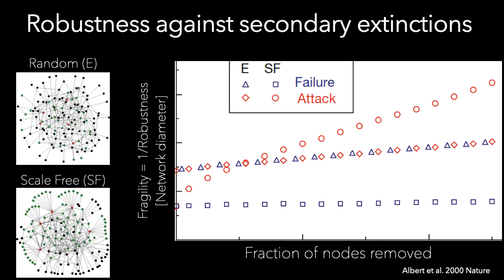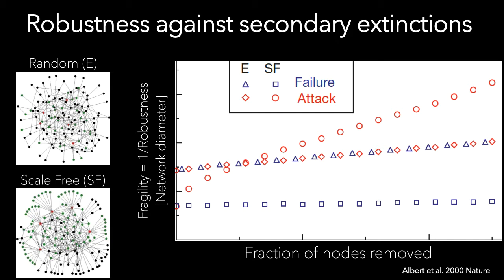Indeed, network robustness is quite high facing failure. If we look at the blue squares, the fragility of the network is fairly low, so the robustness is fairly high, which means that scale-free networks, likewise food webs, but let's focus on this particular example, are quite robust against random extinction. So if we just randomly pick some nodes and we remove them. On the other hand, the network is quite fragile.